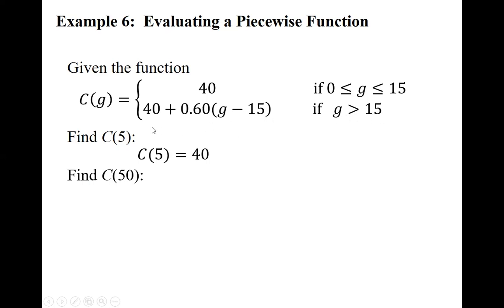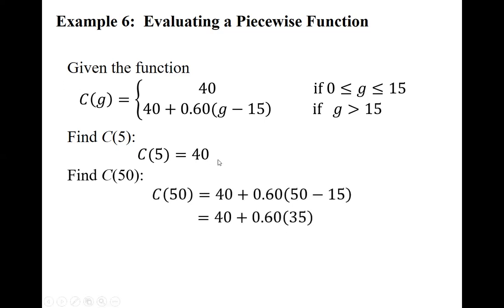So we're in the bottom rule. We subtract 15 from 50 to get 35. We multiply 35 times 0.6 to get 21. We add 21 to 40. And we get 61.